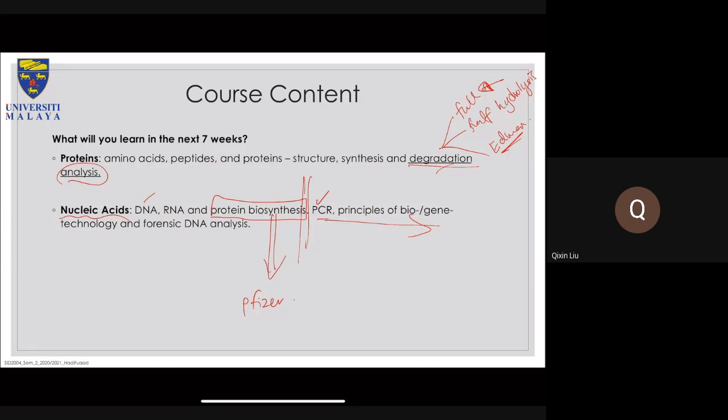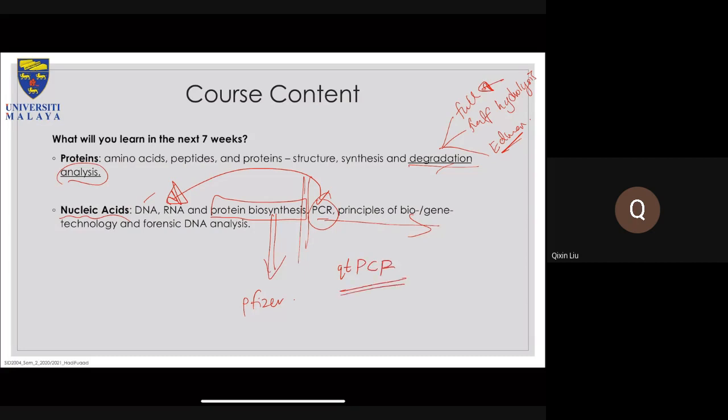I'm not saying that PCR can only be used for COVID-19. No, it's the amplification of those two types of molecules, DNA and RNAs. But one of the other applied uses of PCR is to quantify the number of viral mRNA. That's what we call, if you read in the newspaper, QT-PCR.